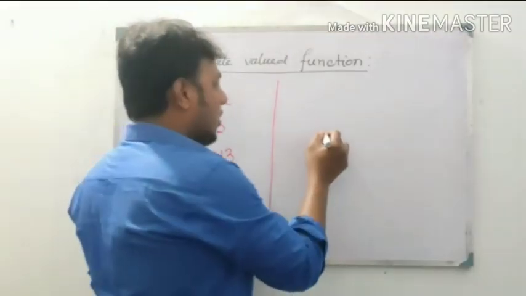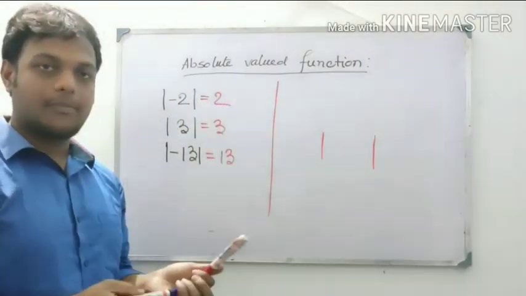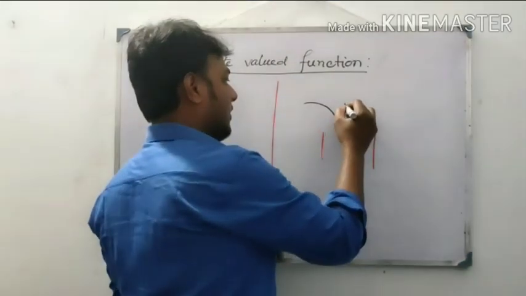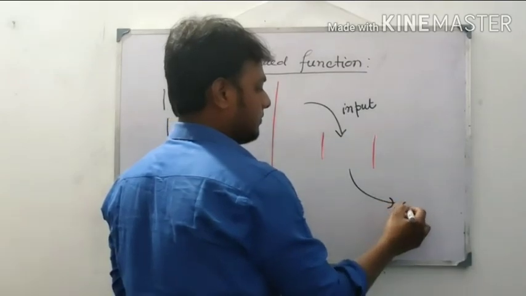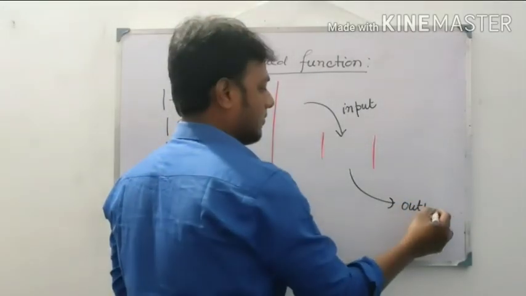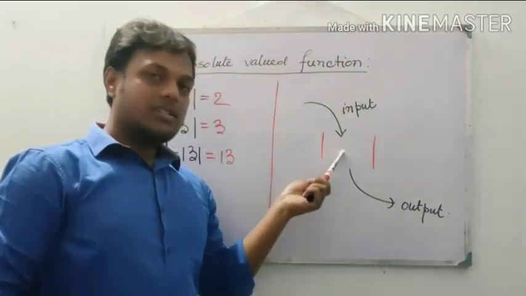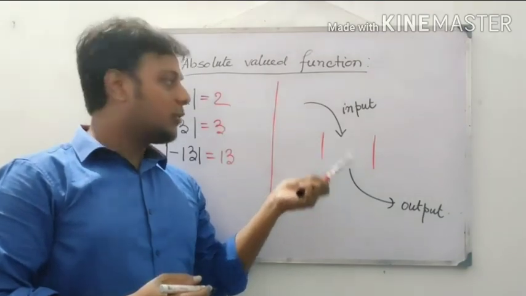Now the question is, actually just listen to a story. Suppose mod is a machine, and this is the input way, and this is the output way. This is the machine or converter or generator. Converter basically converts a number into positive.